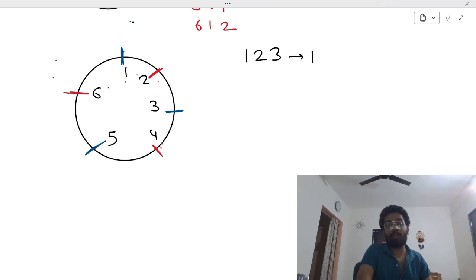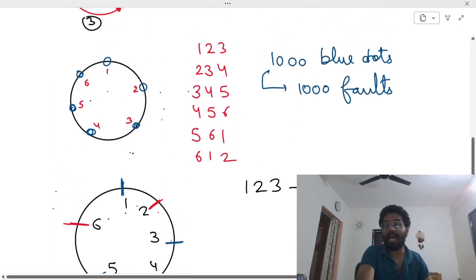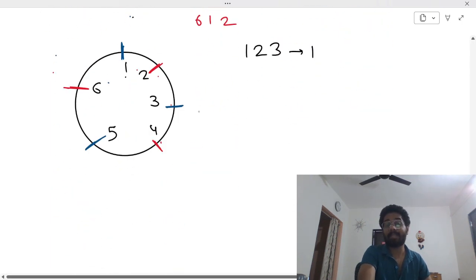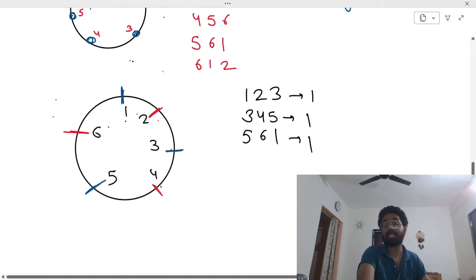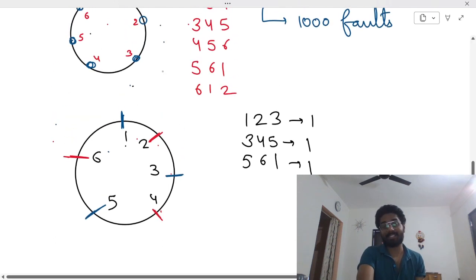Now 2 3 4 cannot be a fault, like we had in the earlier case. But 3 4 5 will be counted as a fault, because 3 and 5 are blue balls and between them we have one red. Now 4 5 6 again is not a fault, but 5 6 1 is a fault. Now 6 1 2 cannot be a fault. We can see we have just half the number of cases.